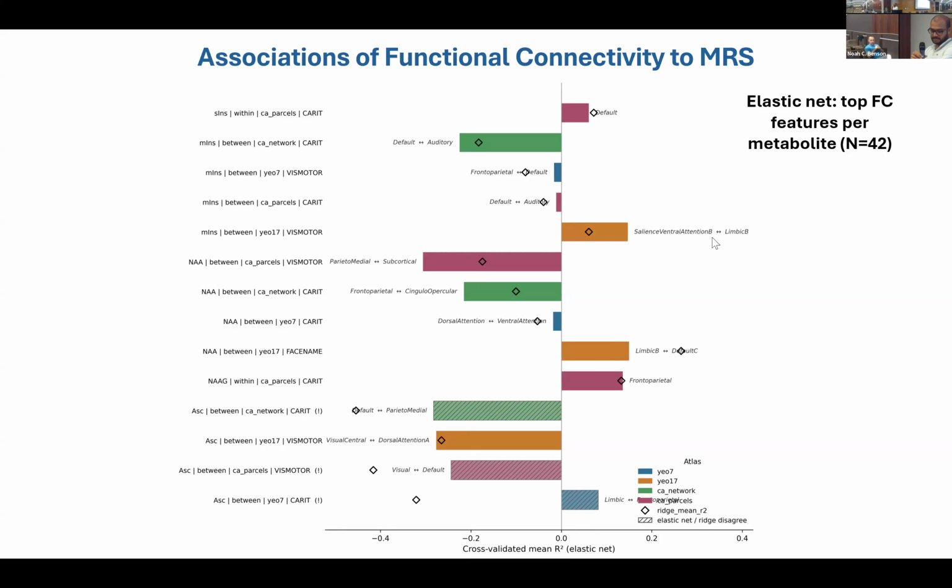So these are results from 42 unique subjects that she helped us download. The total was about 58, but some of them were duplicates or had longitudinal visits. We didn't use those for this particular analysis, and we try to use within and between network features across these three different atlases to see how well we can predict.